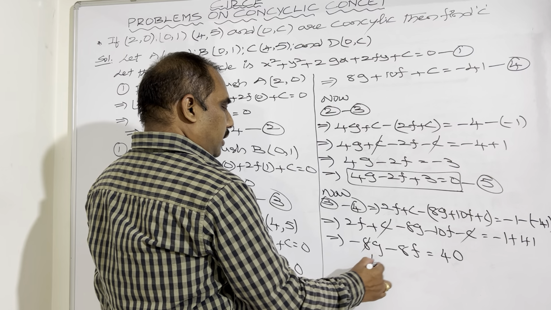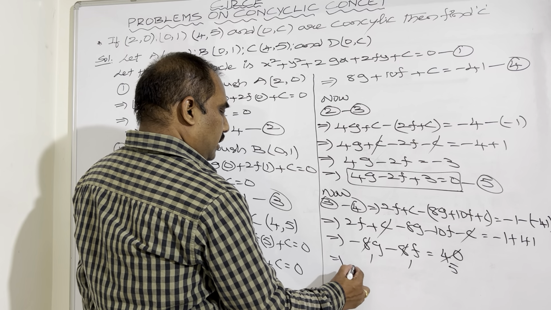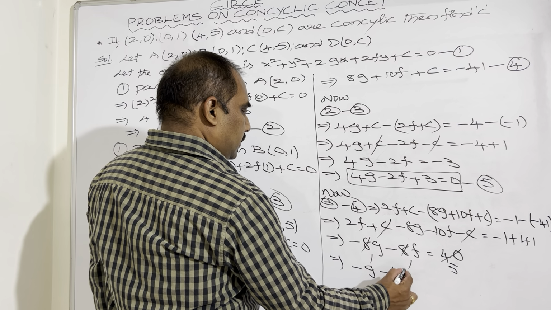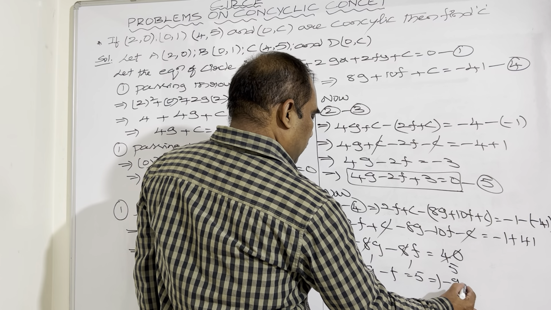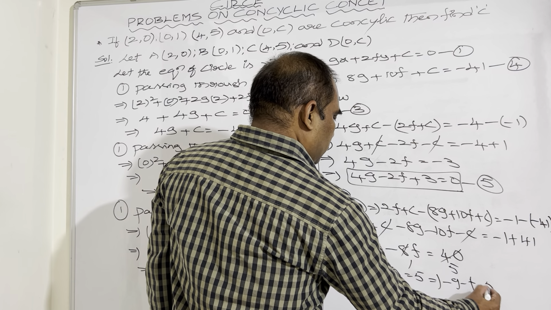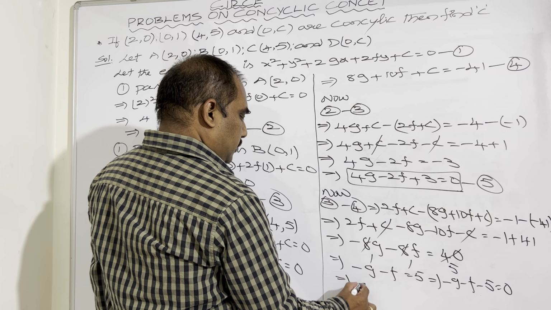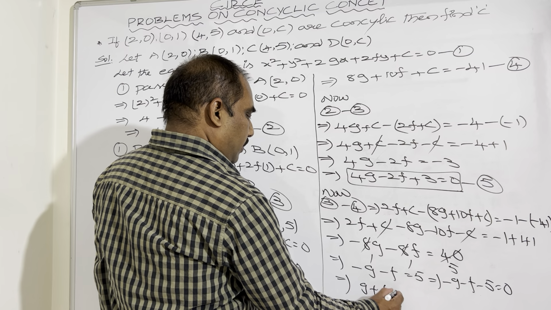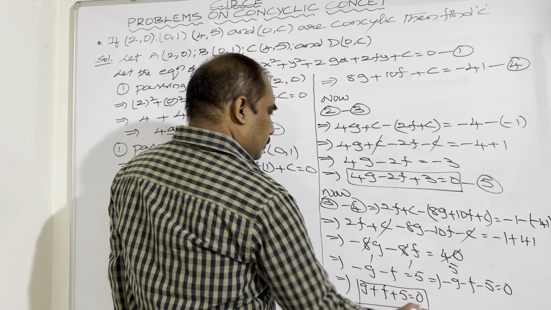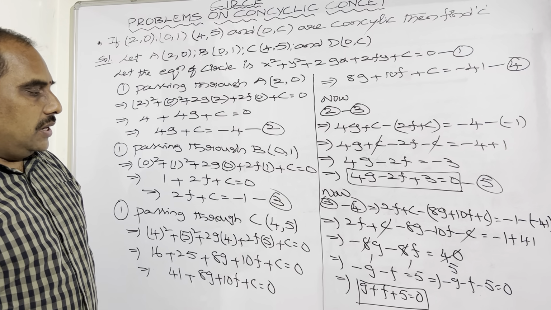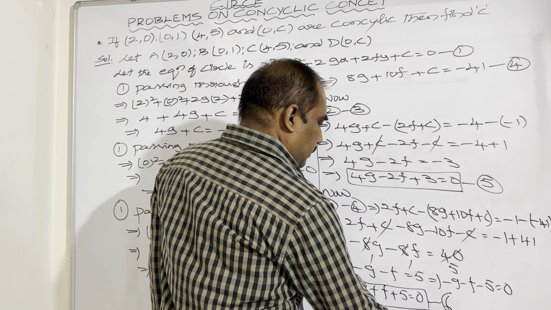Now we can reduce by 8, so we get minus g minus f is equal to 5, which can be written as minus g minus f minus 5 is equal to 0. Finally we can write g plus f plus 5 is equal to 0. Say this is equation 6.